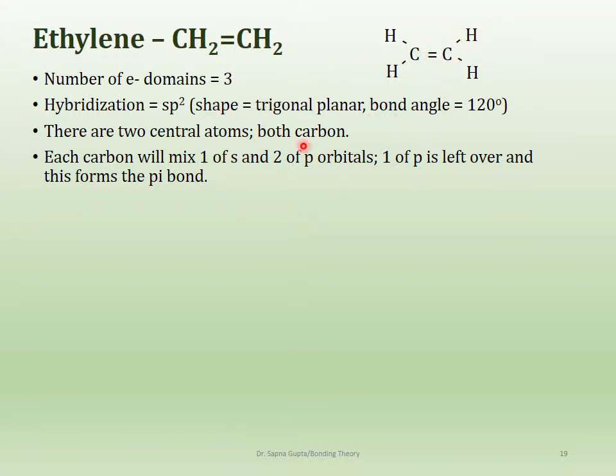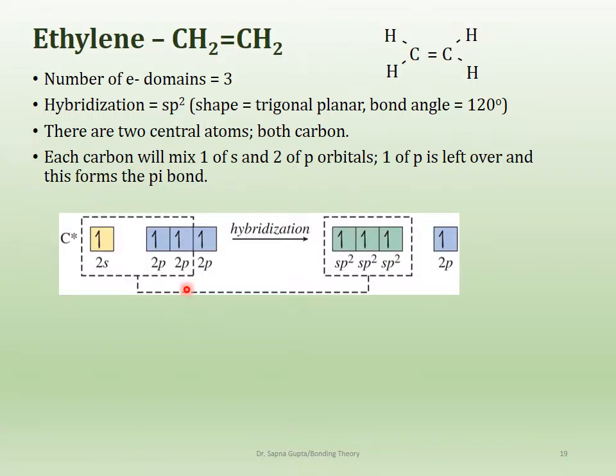All right, so we now need to look at what the hybridization looks like for all of this. In hybridization, remember we talked about the excited state where carbon goes to, 1 electron goes from the s to the p. That still happens for carbon, but what is not happening now is an equal mixing of all orbitals.